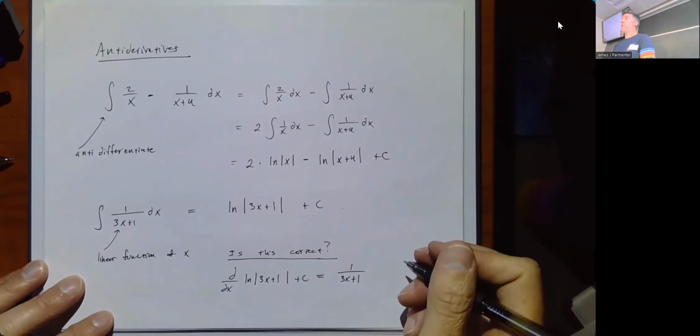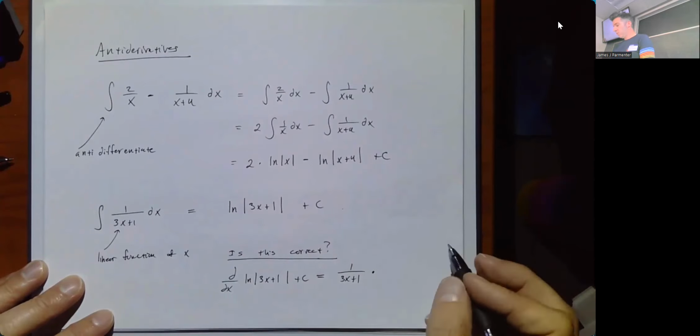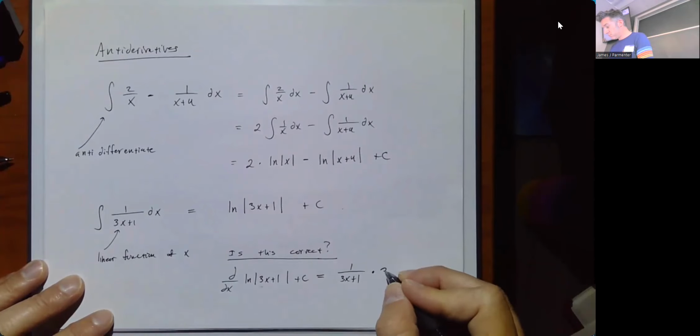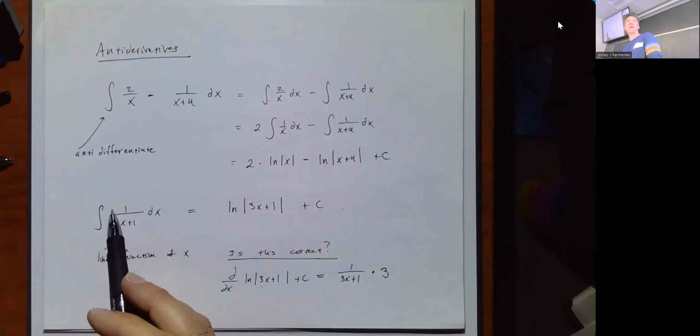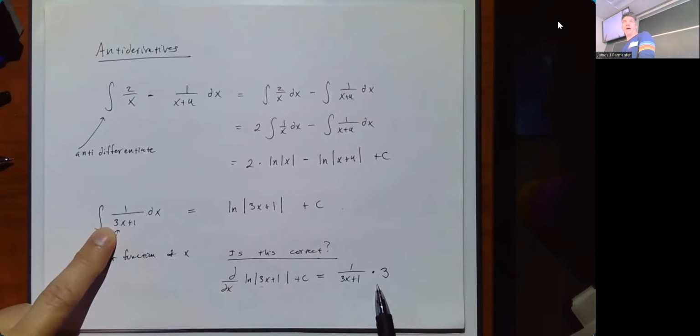So I have to multiply by the derivative of the stuff. What's the derivative of 3x plus 1? 3. I don't have a multiple of 3 in here, right? I'm off. This and this differ by multiplying by 3. So I don't want that 3 to be there.